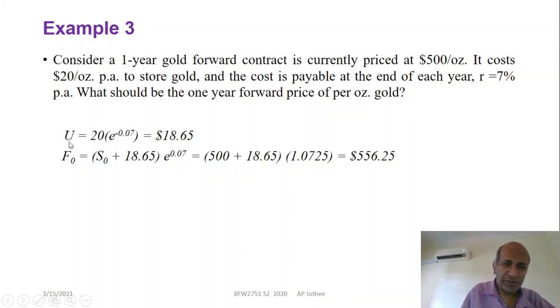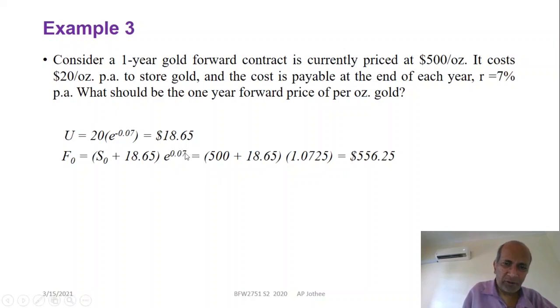So first you calculate the U. $20 discounted at 7%, because it's 1 year, times by 1 is always the same. Discounted now it is $18.65. So you add the $18.65 to the present $500 per ounce. So 500 plus 18.65.